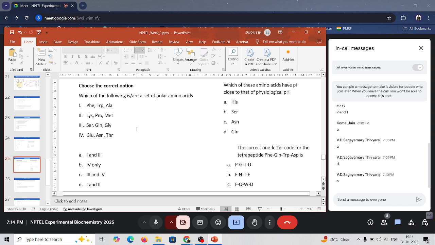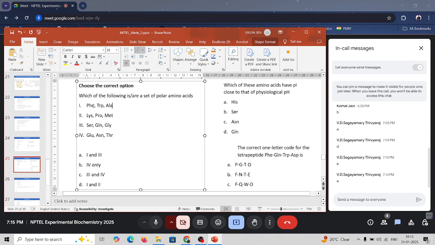Which set contains polar amino acids? Alanine is not a polar amino acid. So is phenylalanine. So the first one is not correct.